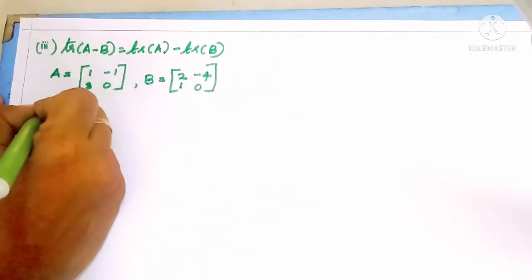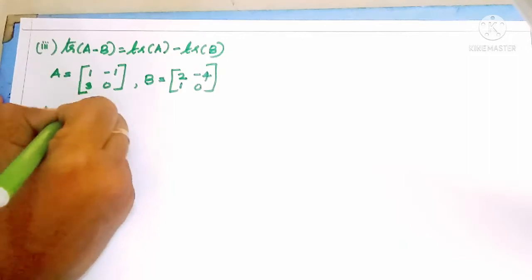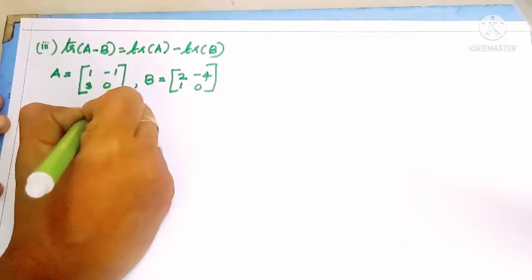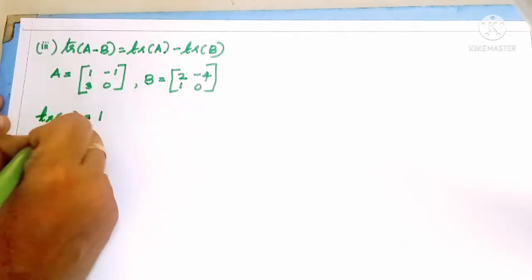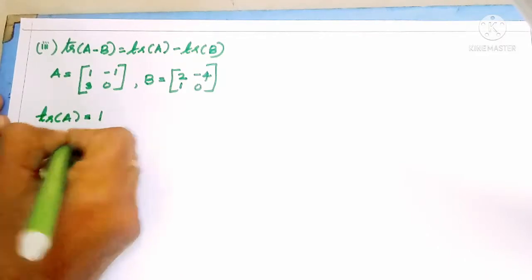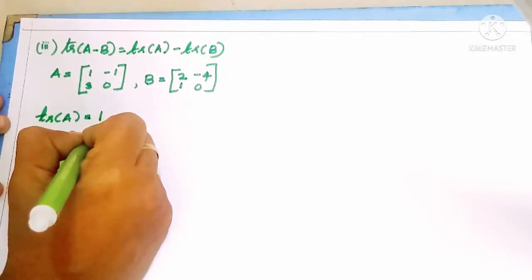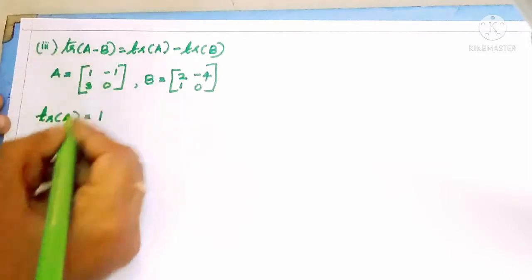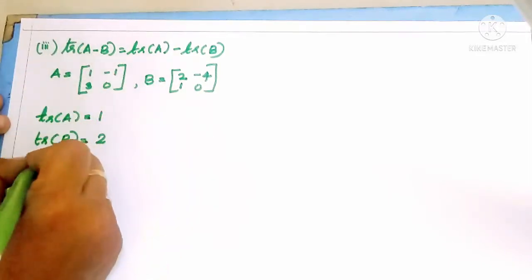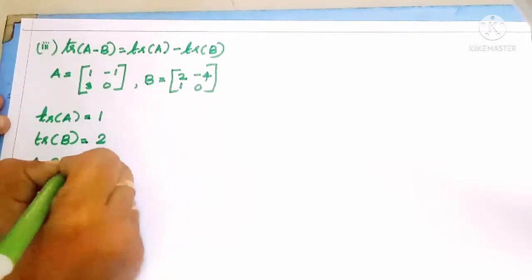Here we find out trace of A should be equal to 1 and trace of B should be equal to 2. Here we need to find out A minus B.